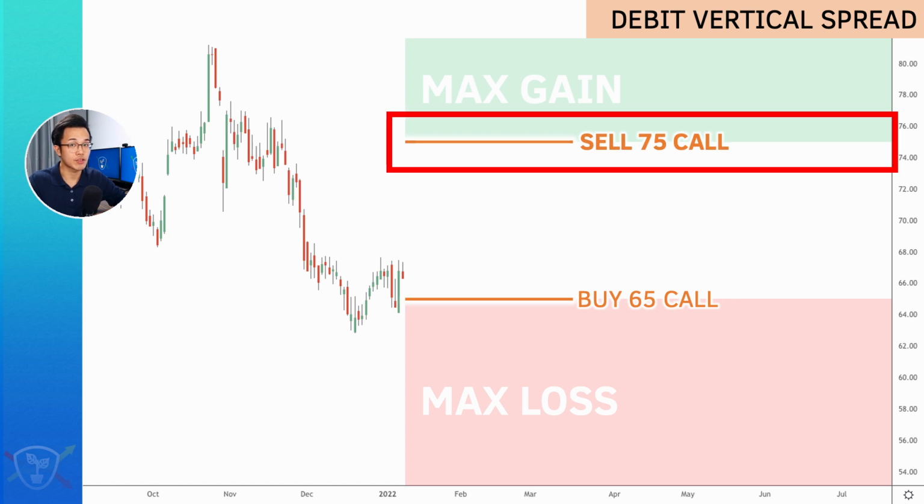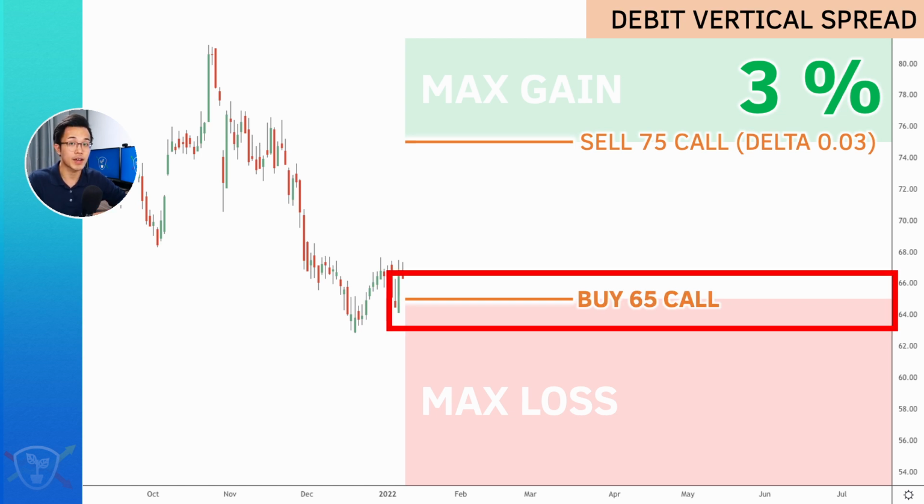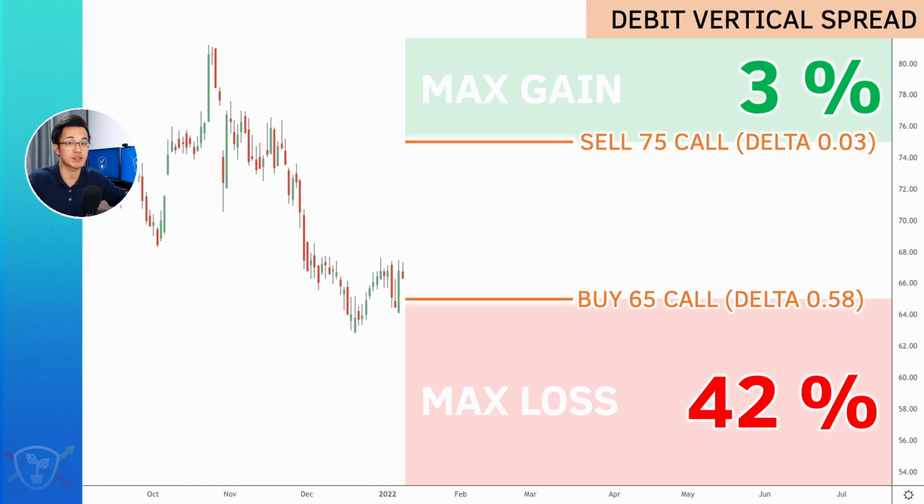The $75 call option which I sold has a delta of 0.03, which means that statistically I only have a 3% chance of making the maximum gain. Whereas the $65 call option which I bought has a delta of 0.58, which means that I have a 42% chance of incurring the maximum loss.